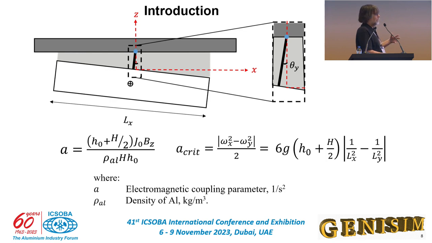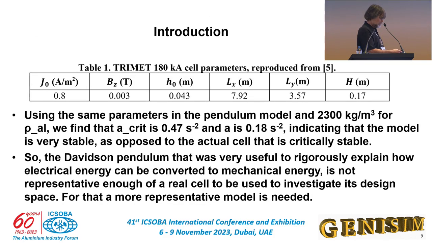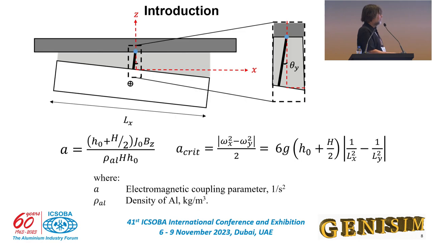And here, A is a parameter of stability, to simplify. Mohammed is calling it the electromagnetic coupling parameter. It means the coupling between the magnetic force and the gravity force. What is interesting is that A is the parameter of the unit, so you can see an analogy with the parameter of the cell.